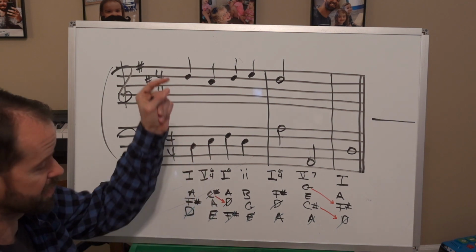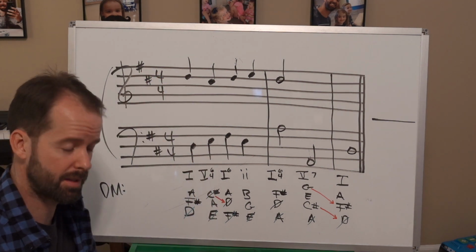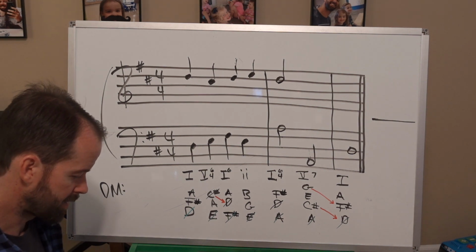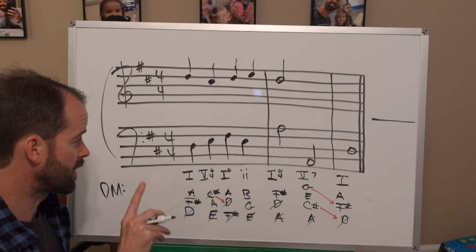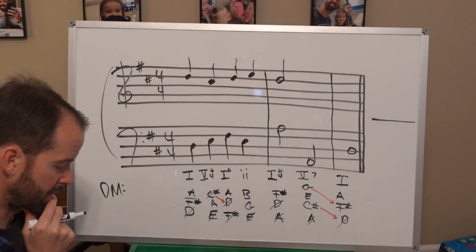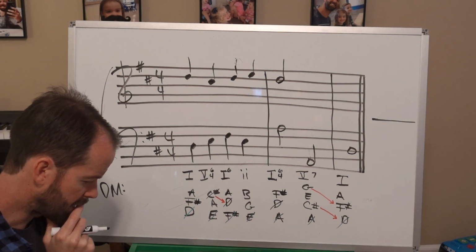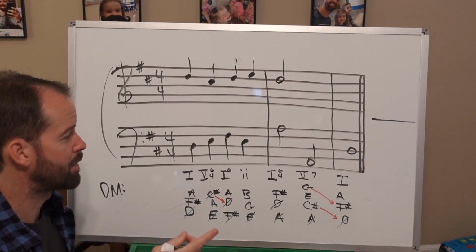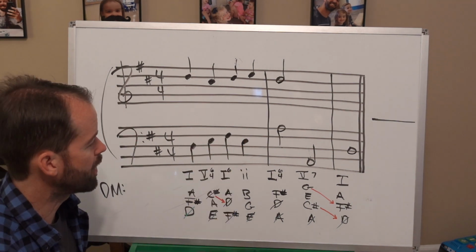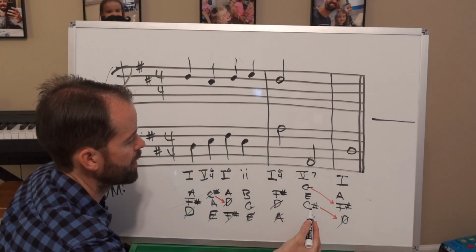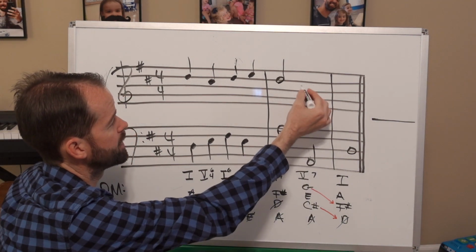So next, there's a huge leap, an octave leap in the bass. You know, if we could, contrary motion would be to go up a note to maybe the E. So you could write it up. You could get the C sharp as well if you wanted to.